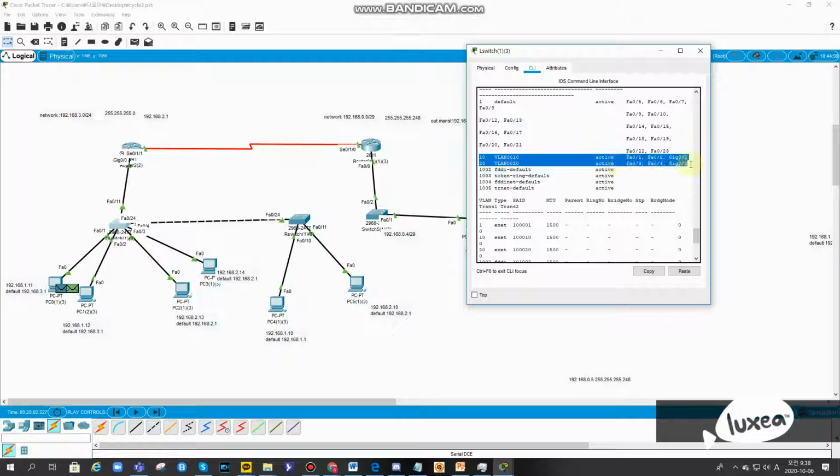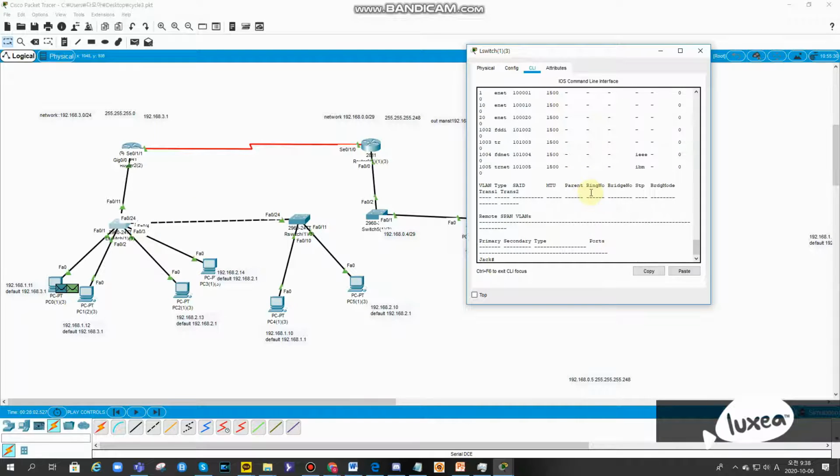It is active. Nice. And you guys have to check the port number. FastEthernet 0/1, Gig 1. So Fast 1, 2, and what else? This is VLAN 20, 3, 4. This is FastEthernet 3, this is FastEthernet 4, which means perfectly it is communicating and grouped.